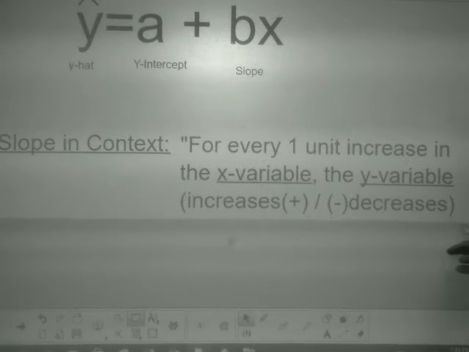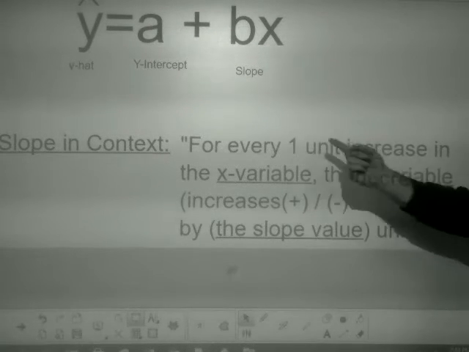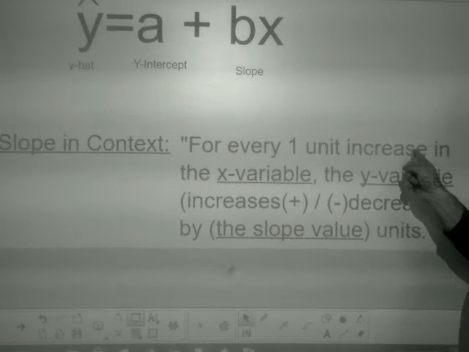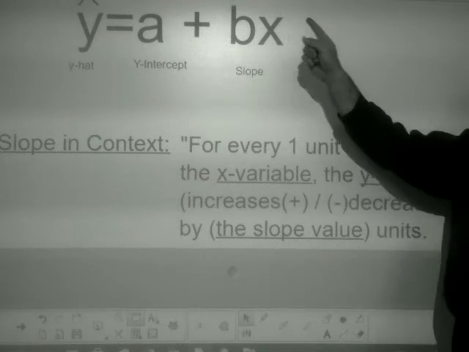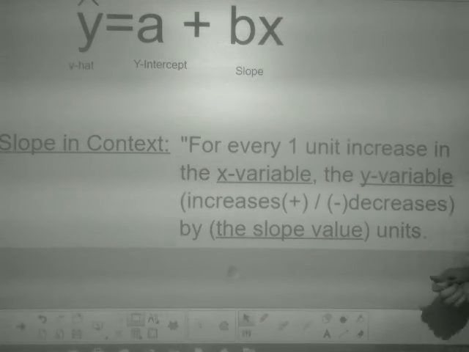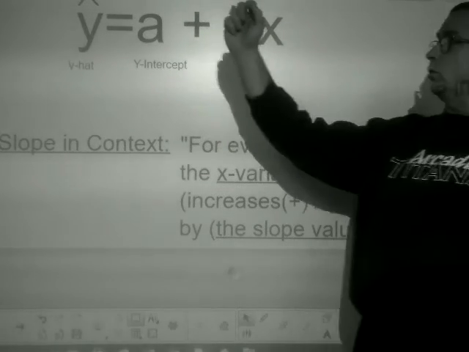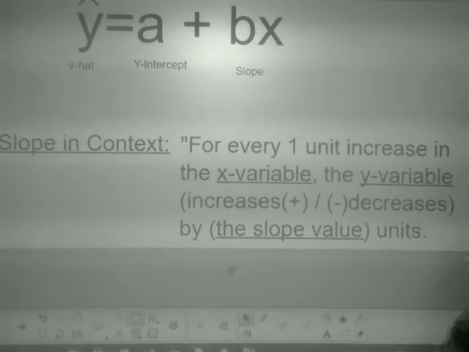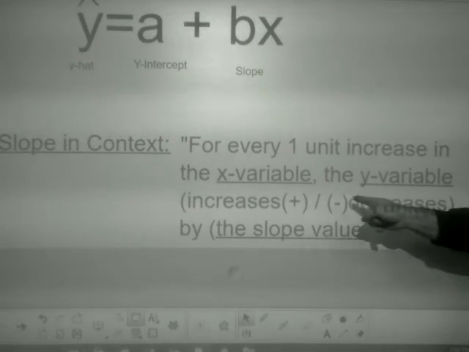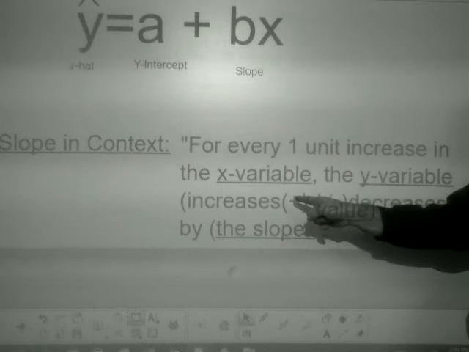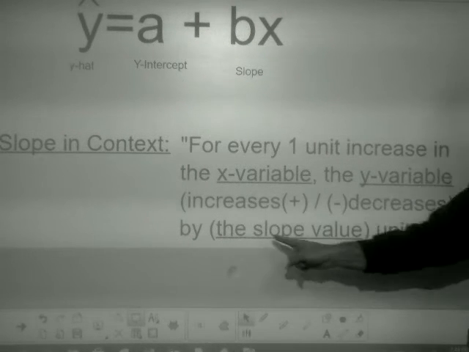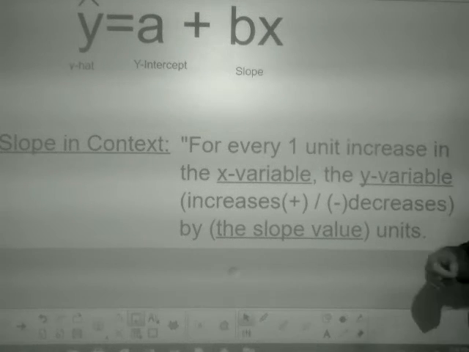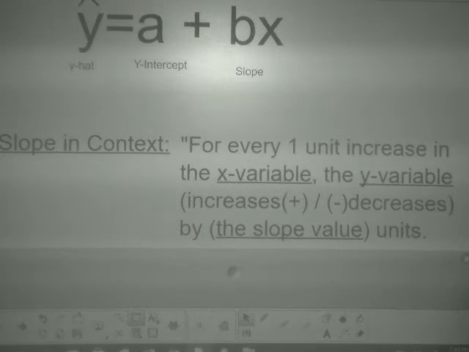We're going to say, for every 1 unit increase in the x variable, whatever this is, the y variable, whatever that is, will either increase or decrease, depending on whether the slope is positive or negative. It's going to increase or decrease by whatever that slope value is, and then whatever units we're working with.